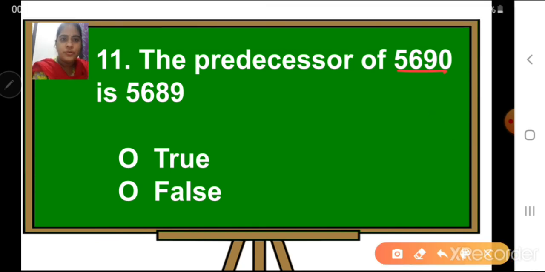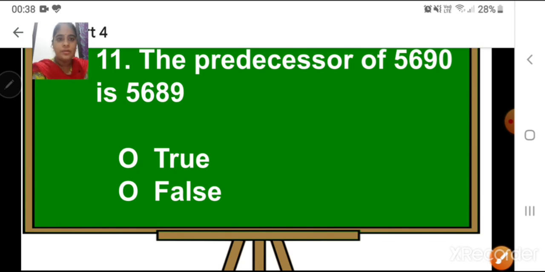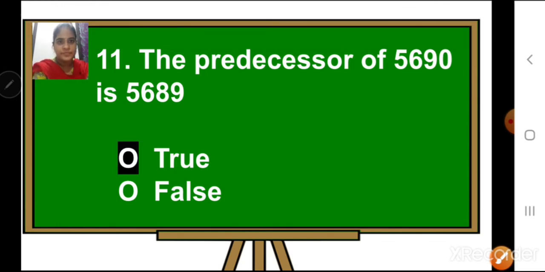Before 90, which number will come? 89. So the predecessor of 5690 is 5689. It is a correct statement. So our answer is true. So we have to click on true.